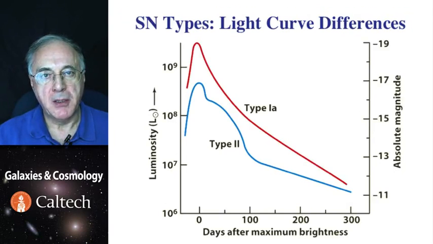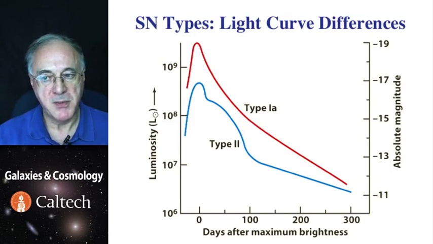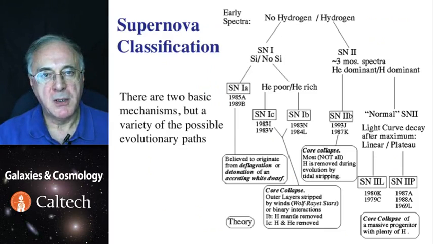So here is schematically shown the difference between average light curves of the supernovae of two kinds. In both cases, their brightness increases as the star explodes, and then declines. The shape of the light curve is different because it's powered by slightly different physical mechanisms. Supernova classification is actually a little more intricate business.